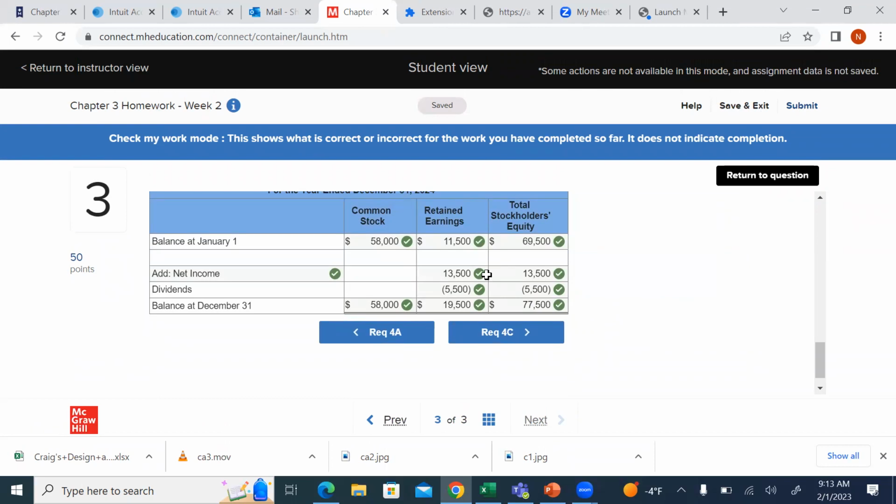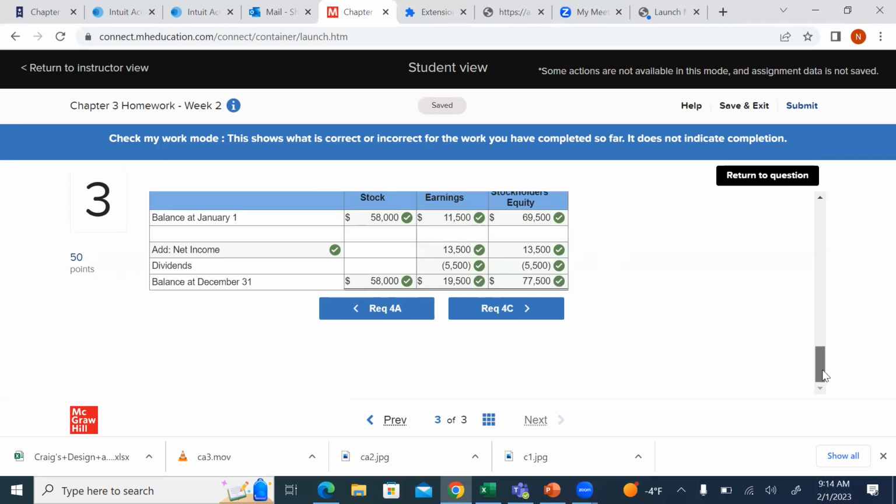We started with our beginning balances. We added our net income. We subtracted our dividends to get our ending balances of common stock and retained earnings.